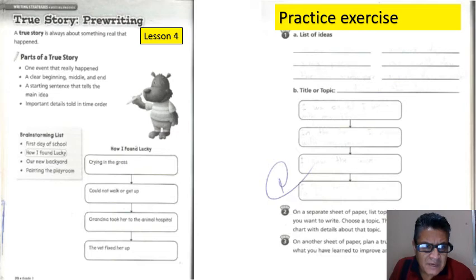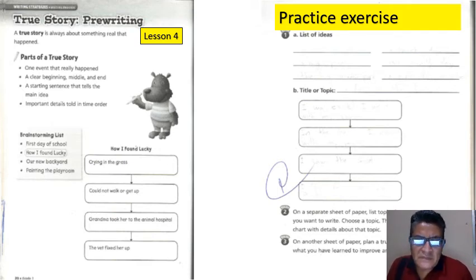One event really happened. A clear beginning, middle, and end. See? Beginning, middle, and end. That's the order that any story can have. Main idea and important details told in time order. Let's check a small example here so that you can try to complete your exercise.